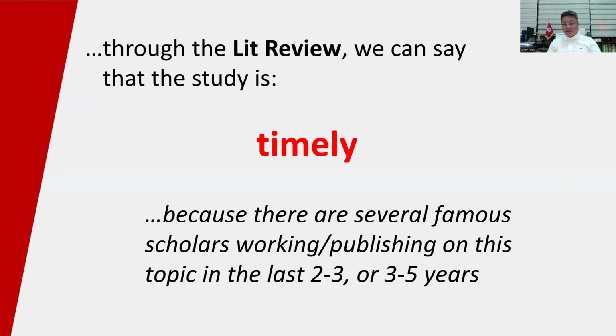Because if it's beyond 2 years, that's no longer relevant, because again, the bacteria have already developed immunity. You see, so there are reasons why we need to address and justify the timeliness of our literature, of our research problem. Okay.